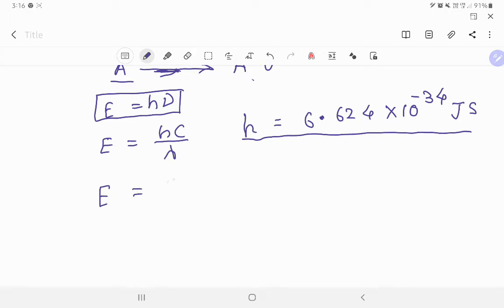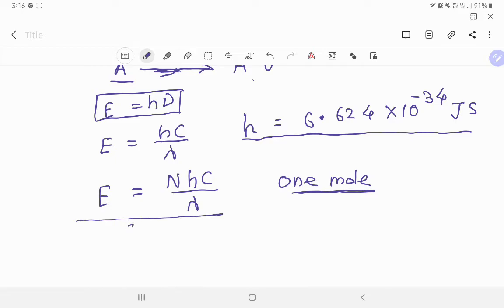E is equal to n hc upon lambda for n number of molecules. And if n is Avogadro's number, then it will be the radiation absorbed by 1 mole of substance. And this energy is called the Einstein energy.